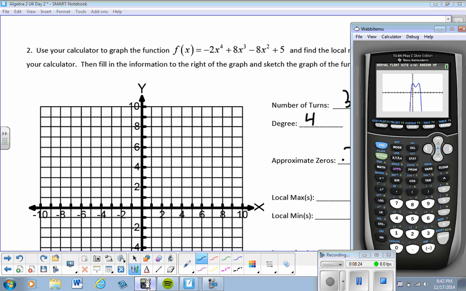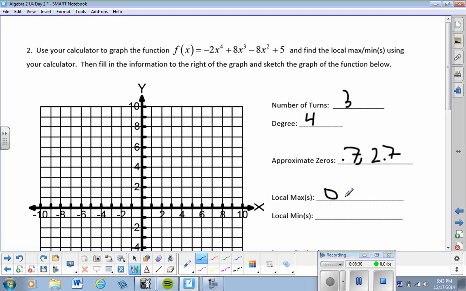All right, so our local max and min are 0, 4. That's our maximum point. And our minimum point is 1, 3.